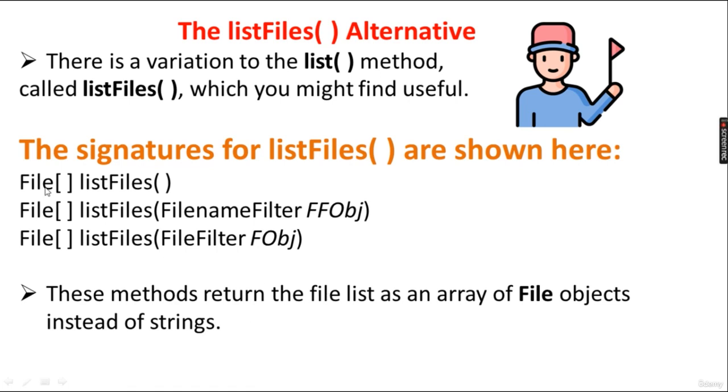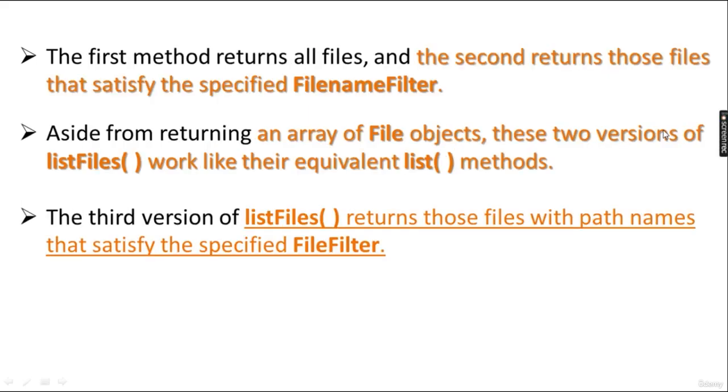So it gives an array of objects of the File class instead of strings. There are not only names of files, there are objects of type File. The first method returns all files and the second returns those files that satisfy the specified filename filter.